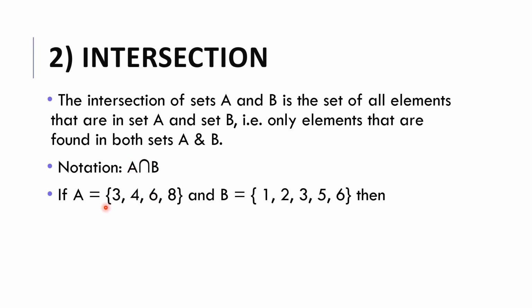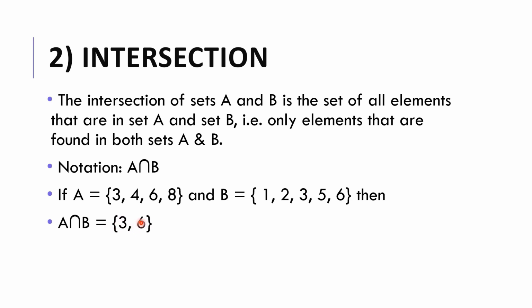Here intersection means those elements which are in both sets, meaning in A, and, the word used is and, also in set B. Now you can see that the number 3 is in A and also in set B, and the number 6 is in set A and also in set B. So the intersection will be 3, 6.